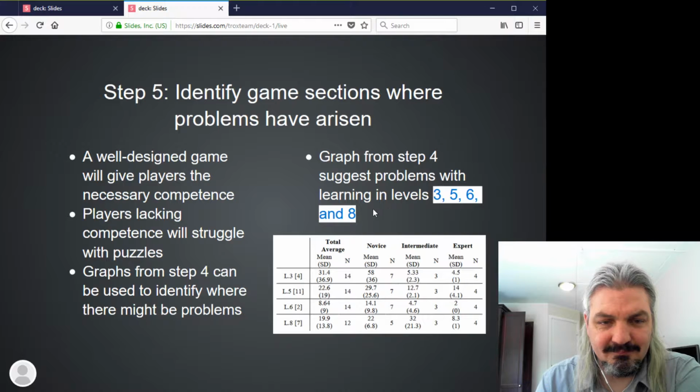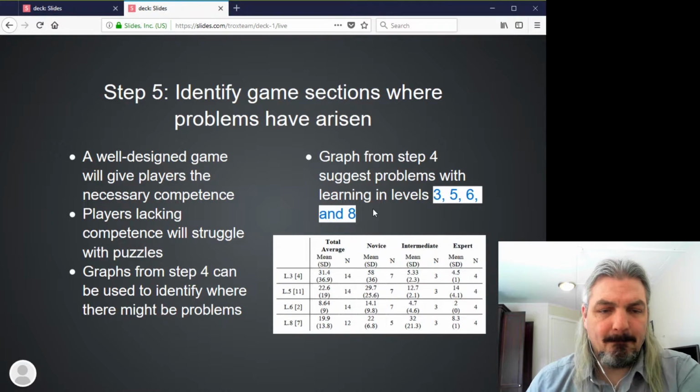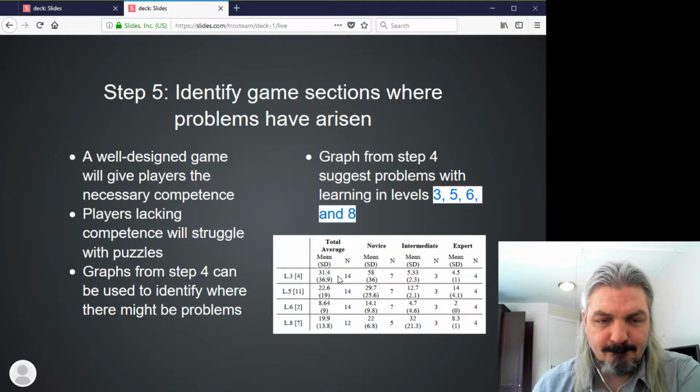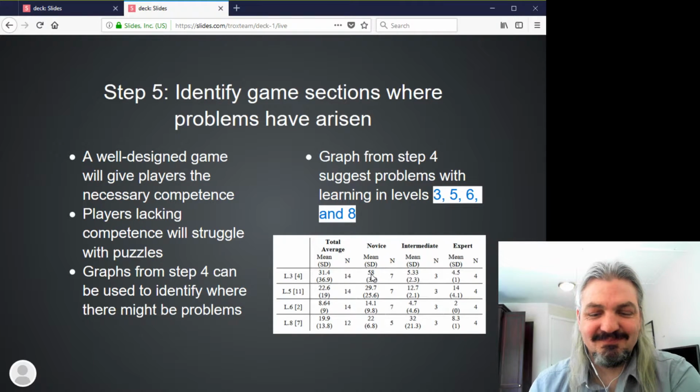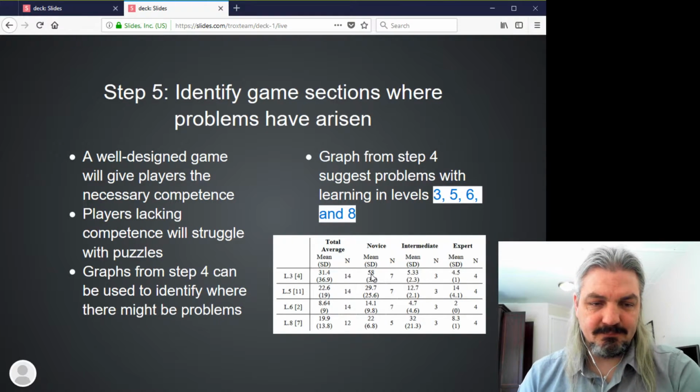And in the Portal case, it's quite apparent that there are some problems with the learning design in levels 3, 5, 6, and 8. As you can see from the table, the number in brackets behind the L and the number is the optimal number of actions to solve the puzzle. And as you can see in level 3, the optimal actions is 4, and the novices spent 58 actions on average, and that seems to indicate that there is a big problem with something that is introduced in that level.